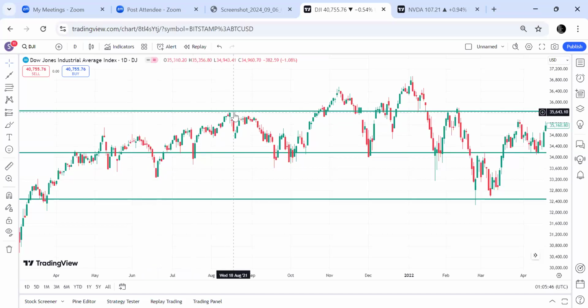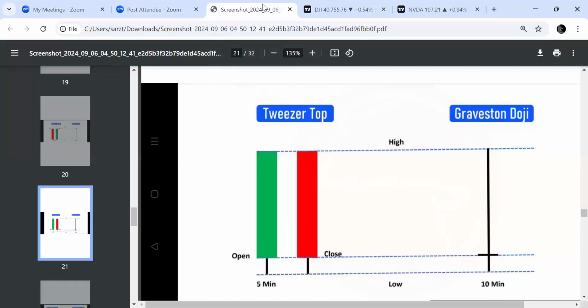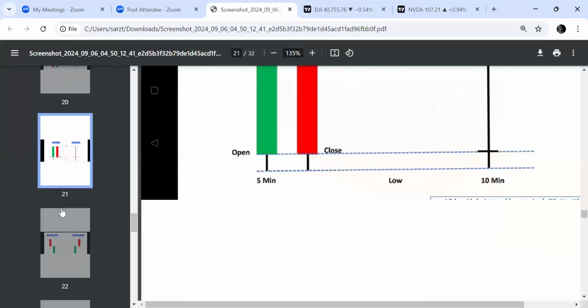And similarly, it can be a tweezer top. See here, on 27th March, it is the tweezer top. And when the tweezer top forms, it indicated bearishness, and then bearishness had formed and continued.